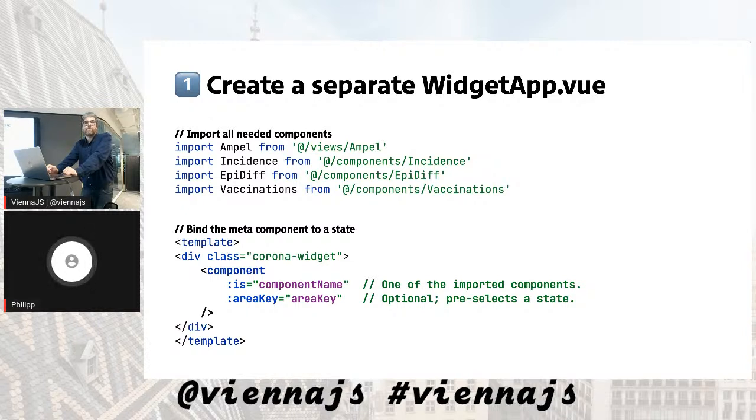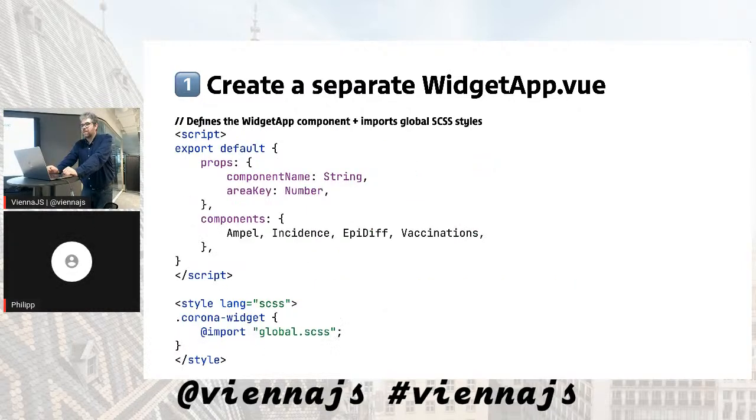And these will just be forwarded as normal properties, as you know from normal components, to the replaced real component. The script of our widget app is straightforward. Just specify a property with the component name, the area key, which will be forwarded, and again, export all components to the template so that it can be rendered. And we also import the global styles we need to display the graphs. And that's it for the widget app.